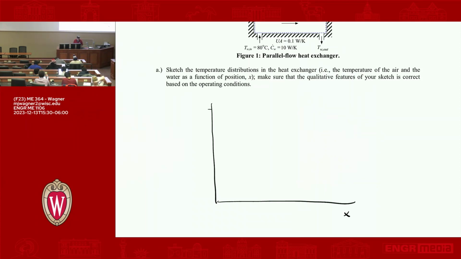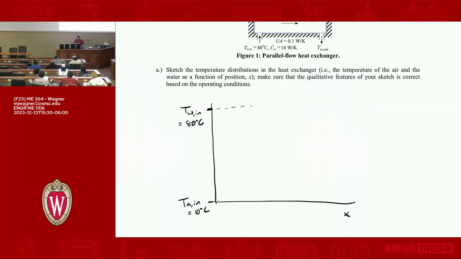We are told that we have some T water in, and that is, I think, 80 degrees Celsius. We have T air in, and that is 10 degrees Celsius. So let's say that's down here. And we need to plot the temperature profiles.